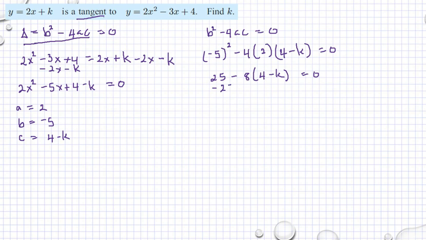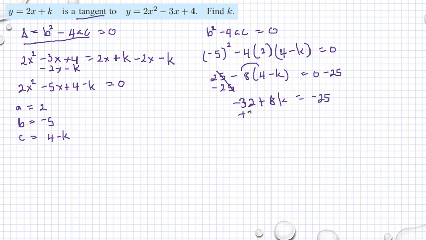If we subtract both sides of the equation by 25, then we have -8 times 4 minus k. Multiplying -8 by 4, we have -32, and -8 by negative k is positive 8k, which is equal to -25.